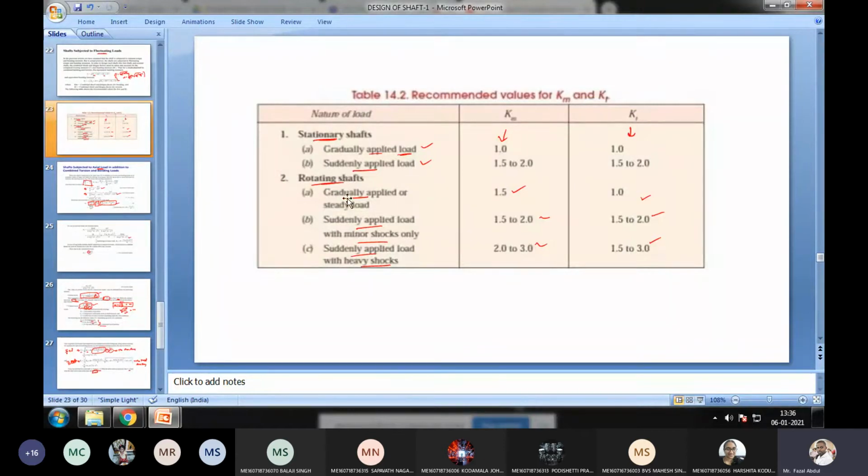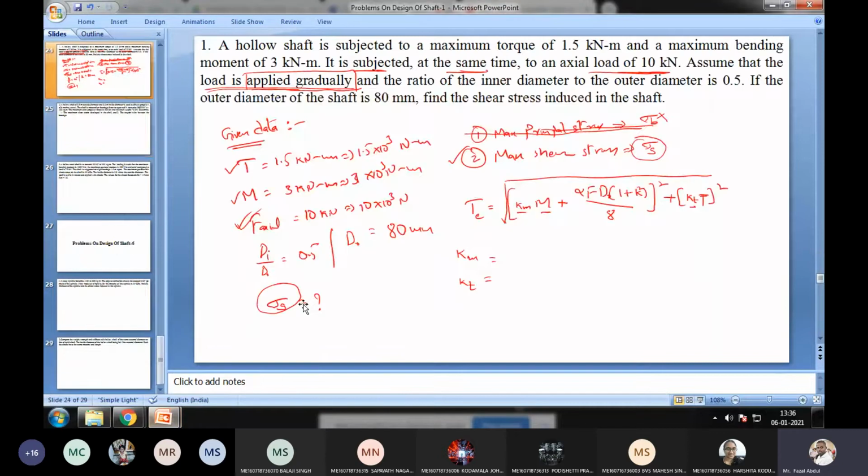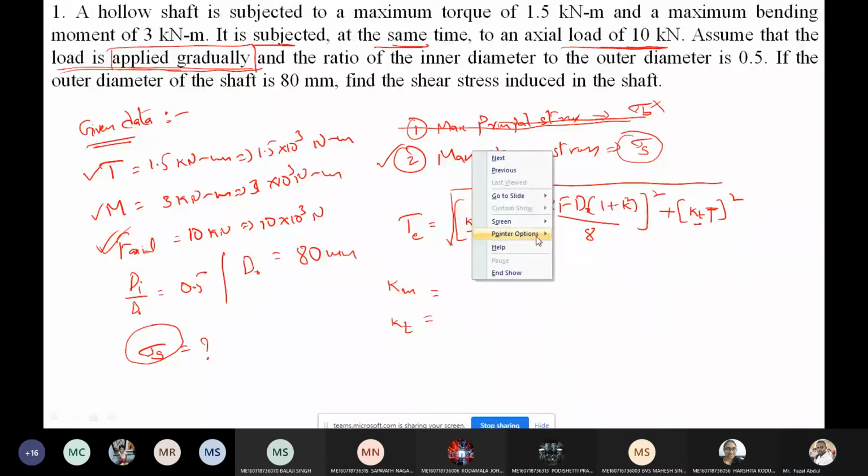In rotating, again three cases are there: gradually applied load, suddenly applied load, and suddenly applied load with heavy shocks. Among the three, which one do we need to select? Here the question mentions gradually applied load. So for that reason, Km as 1.5, Kt as 1.